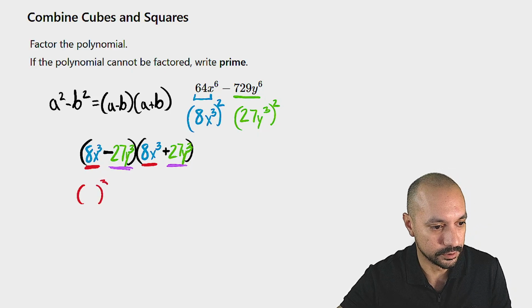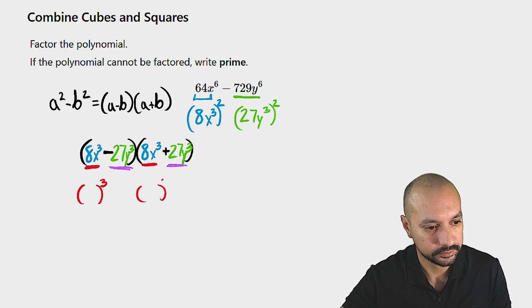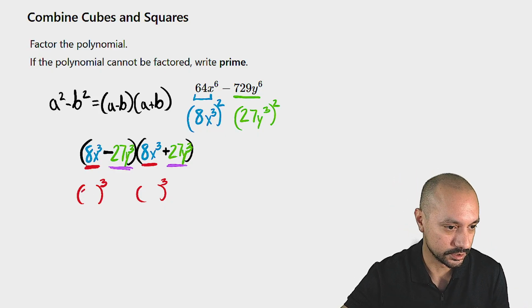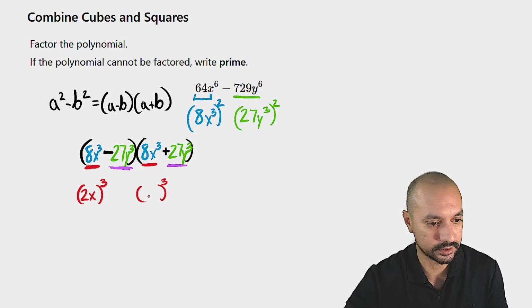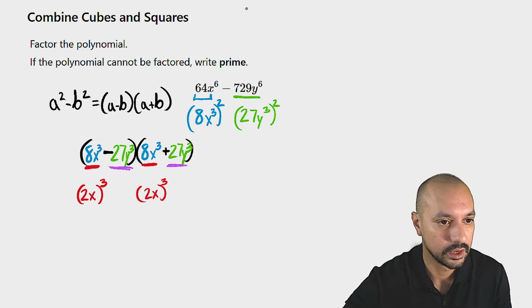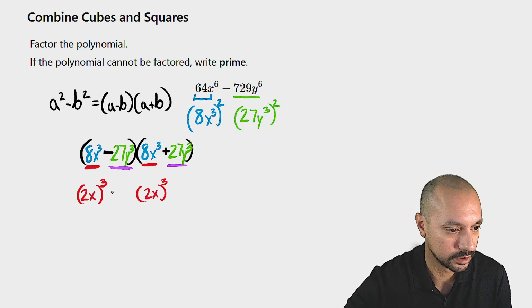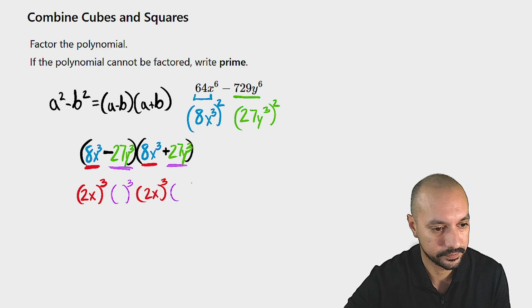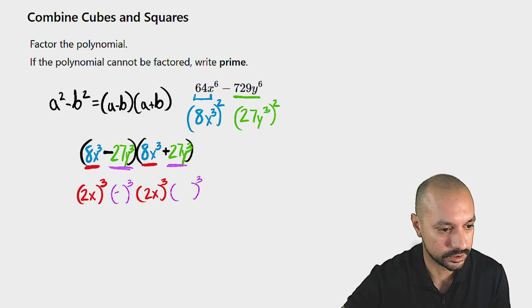So the cube here, this is 2 times 2 times 2. This is 2x. And for our violet color, the cube there is 3y.